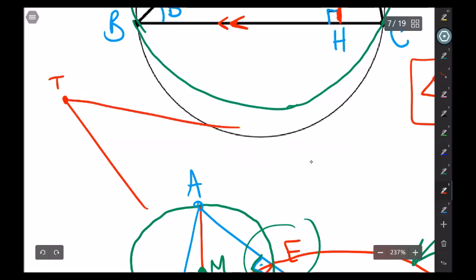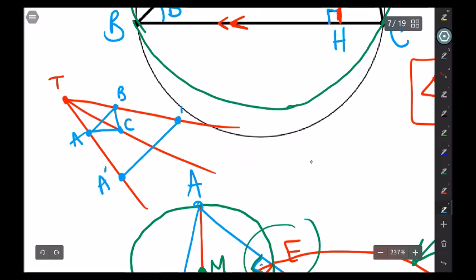If you start with any shape, let's say a triangle like that, then you can dilate it. Each of these points A, B, C goes to these new points, A prime, B prime, C prime. So A prime, B prime, C prime is similar to ABC, and all the angles are preserved. So these angles are preserved, this one is preserved with this one, and so on.